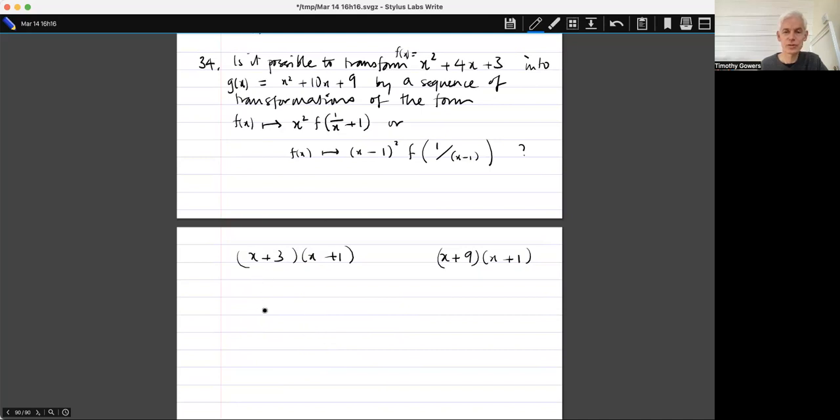So f of 1 over x plus 1, so it's actually x squared f of, I'm going to write it differently, x plus 1 over x. And that's actually going to be a bit nicer, because it's going to give me a polynomial.